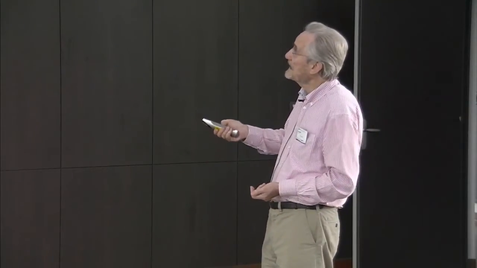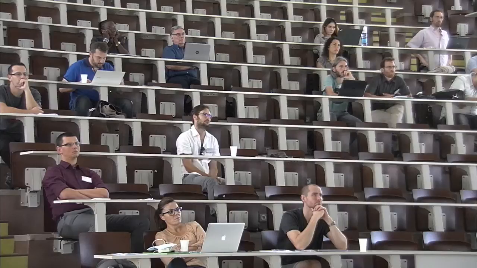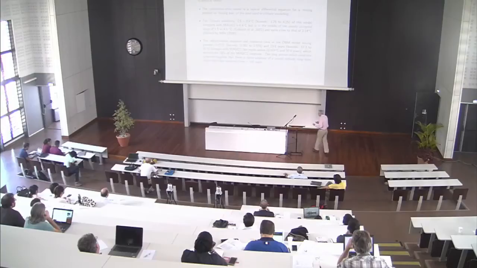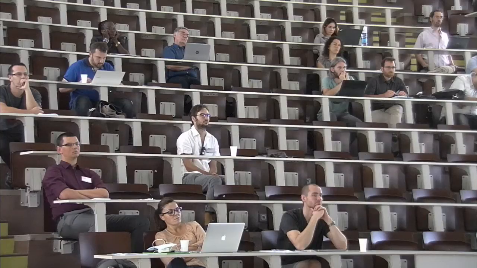And the instantaneous response, 23.8 years is the time constant, is matching up with that part of the MAGIC model that represents the short term. Okay. So we've captured it, but it's a different estimate to the MAGIC model. And that's why it fits the data better.